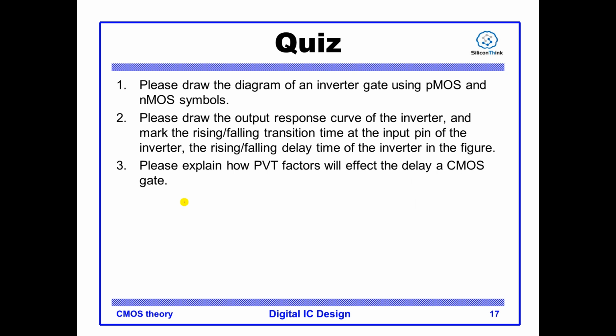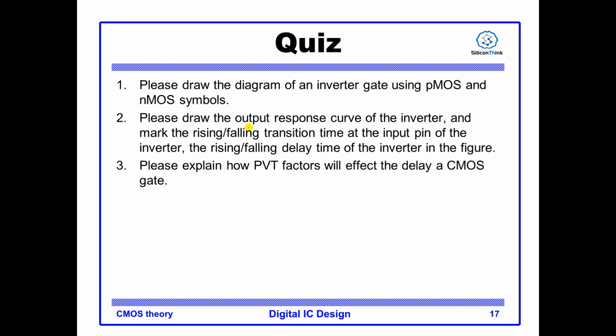Okay. That's all for this chapter. There are some small questions for you. Can you draw a diagram of an inverter using NMOS and PMOS symbols? I think this should be easy.